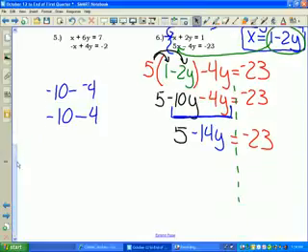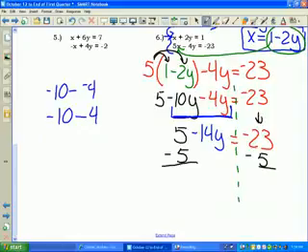So, my y's in this case are on the same side of the equal sign. So what needs to go in order for me to solve this equation for y? Hopefully you say you have to subtract the 5 on both sides. I'm not going to want to add the 23, because if I add the 23, will there be anything left over on that side?